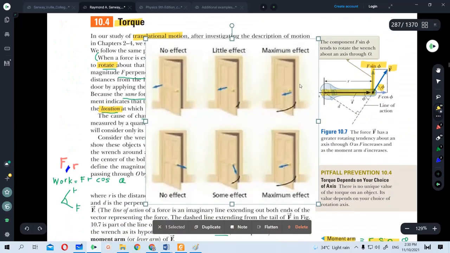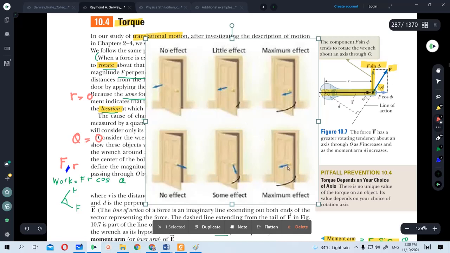Going back to this figure again, it now makes sense from the calculation. Why is there no effect for both figures? The first case is because the r value is equal to 0. This is the axis of rotation. However, here it is because theta is equal to 0.